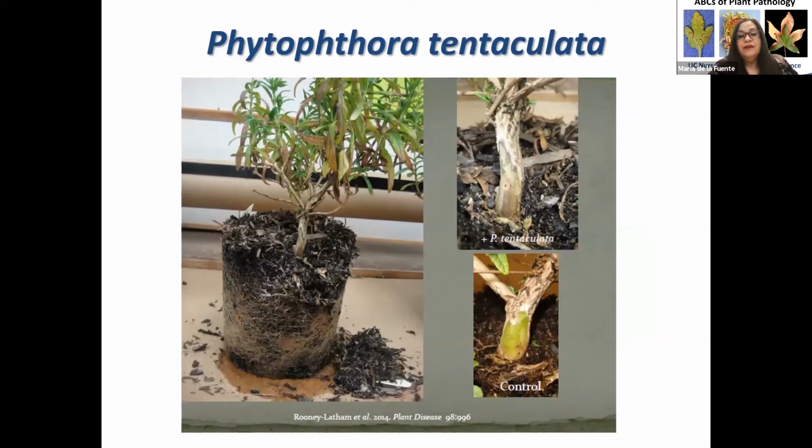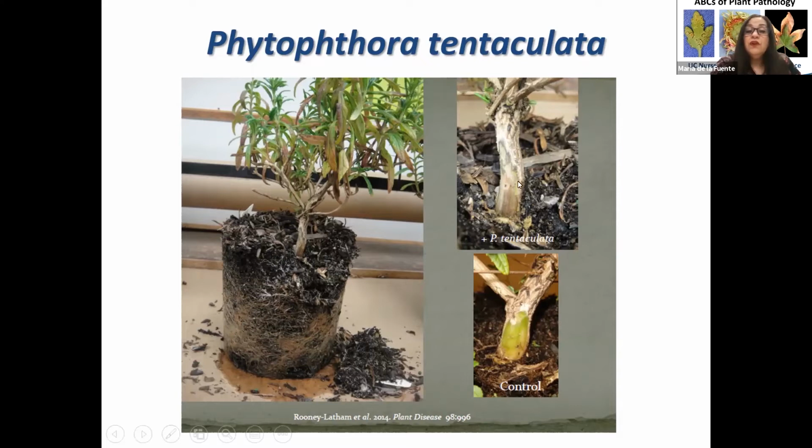Here is our beautiful Phytophthora tentaculata. I have a slide that I added because when I consulted with Johanna, my colleague in Davis, the one in charge of the diagnostic lab, she gave me some tips.